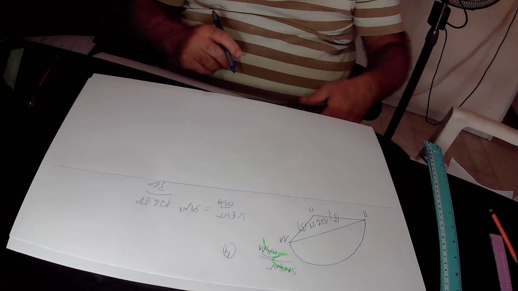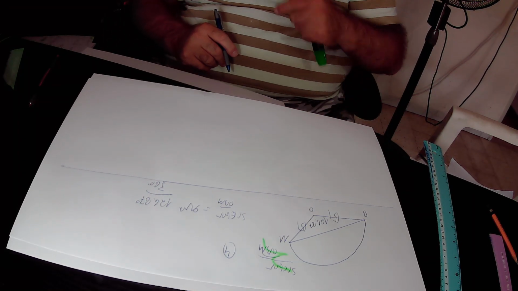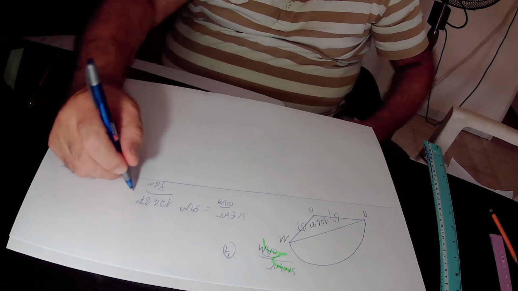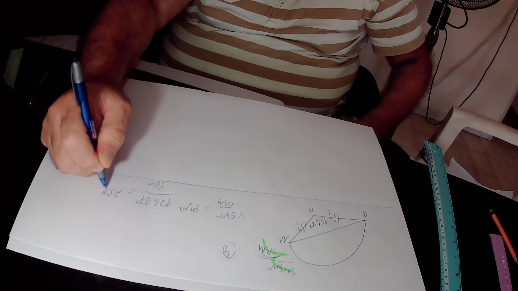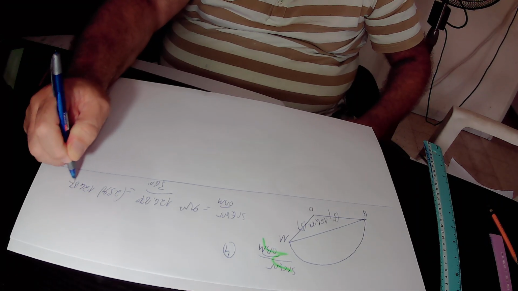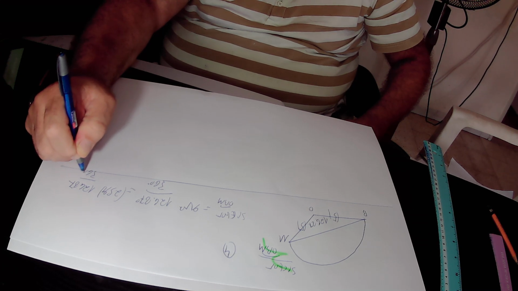R is the radius of the semicircle, that is 5. Therefore, r squared is 5 squared, that is 25. So pi r squared is 25 pi times 126.87 over 360 degrees.